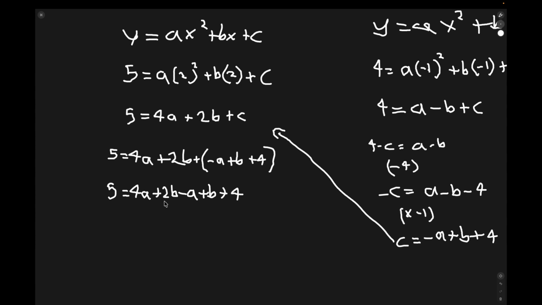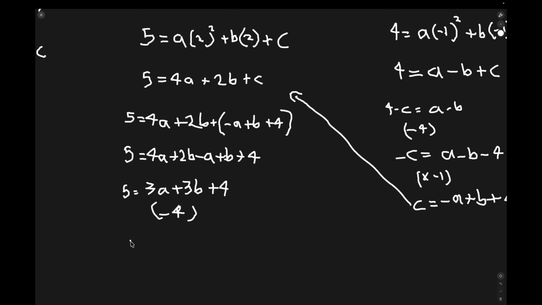Okay, 4a minus a is just going to be 3a, and 2b plus b is going to be 3b. So 5 is still equal to that. Now if we minus 4 from both sides, we're going to get 1 is equal to 3a plus 3b.